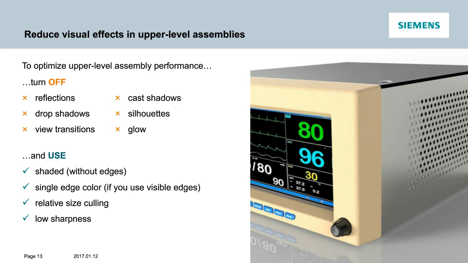Use small edge culling so that the display isn't trying to work out very, very small edges that are only going to take a pixel or two. It'll drop those out. You work with the sharpness or the accuracy set as low as you can stand it. Some people don't like to see the circles turned into octagons, but if you can work with that, that will help the display and speed up the performance.